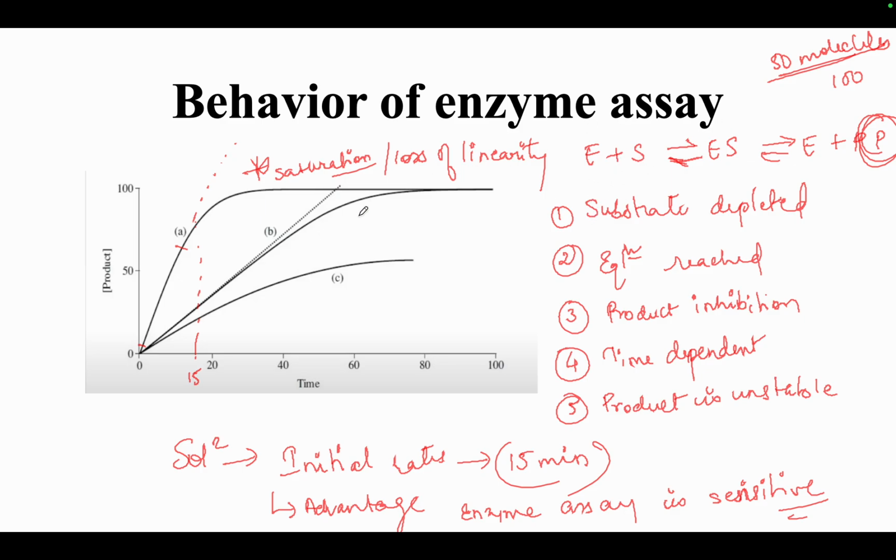At the initial rates, the formation of ES is pretty high compared to the backward reaction. If this is K1 and this is K minus 1, the K1 is higher than K minus 1, so enzyme substrate complex forms, the backward reaction is inhibited, and no equilibrium is observed. That's why we measure reactions at initial conditions.